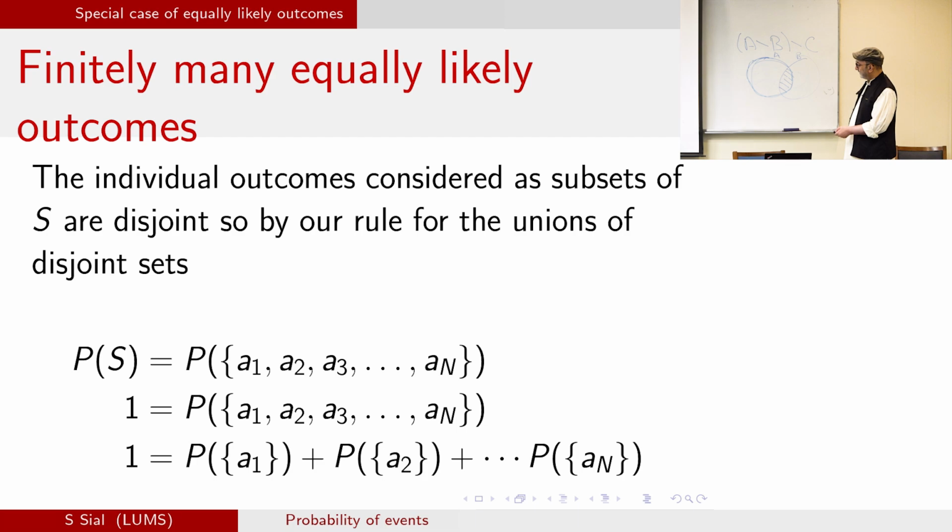Now, I can separate them out individually, because S is the union of capital A_1, union capital A_2, union up to capital A_n. Then I'm going to subtract off the intersections, but these are distinct outcomes, so the intersections are empty, right? So no problem. I just need to add up the probability of each of the individual outcomes.